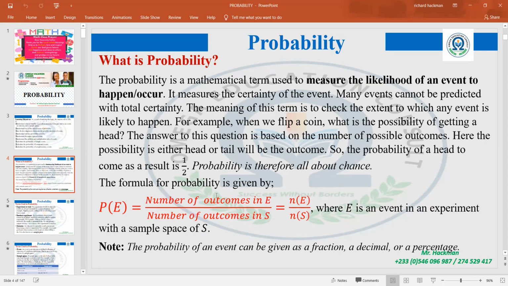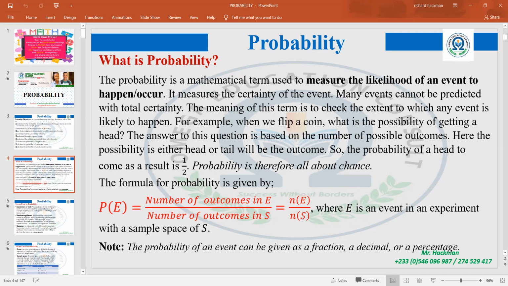This particular topic is not new to you. It's something that we did in JHS, and there you were told that this is the probability formula. The probability of any event, where E is the event, is equal to the number of outcomes in the event, the number of E, over the number of outcomes in the sample space, the number of S. Here, E is the outcomes in the event, and you know you've done sets.